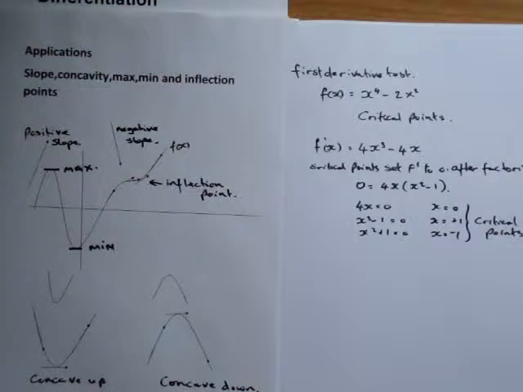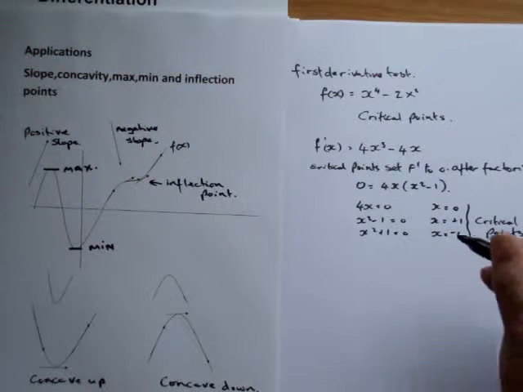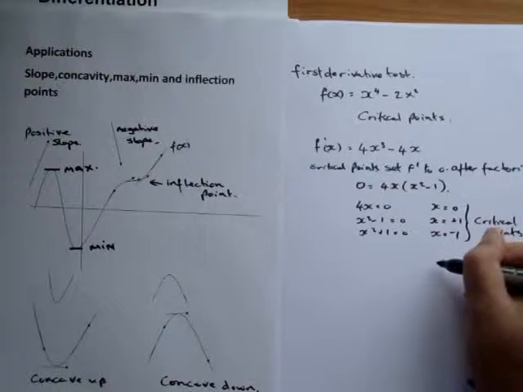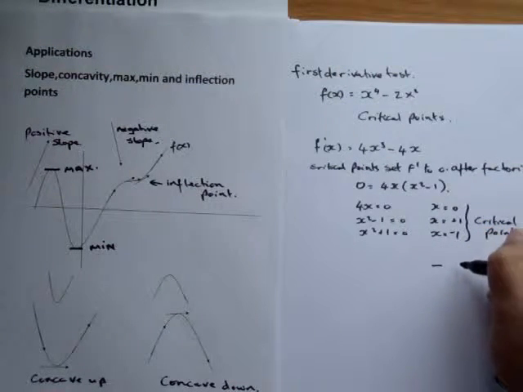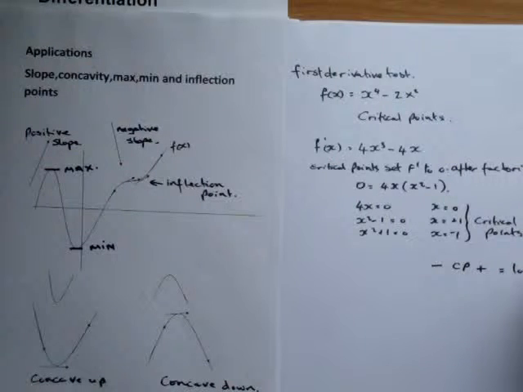Now when we look at our critical points, if on approaching our critical points we have a negative gradient, then the critical point, and then a positive gradient, this is a local minimum.